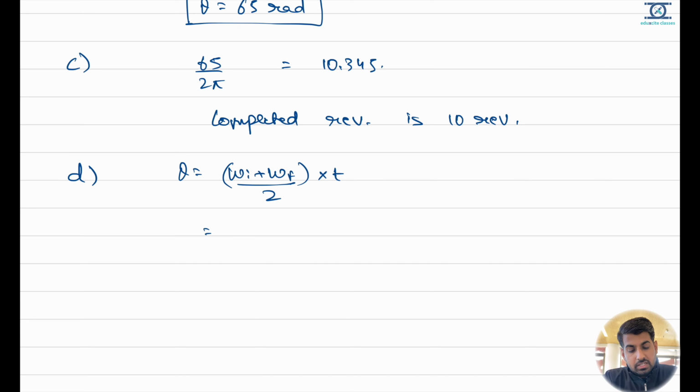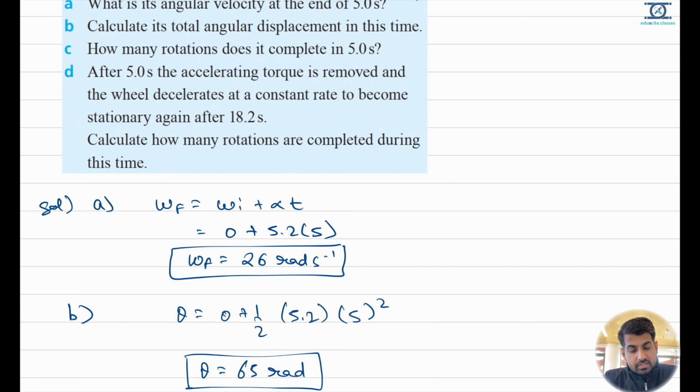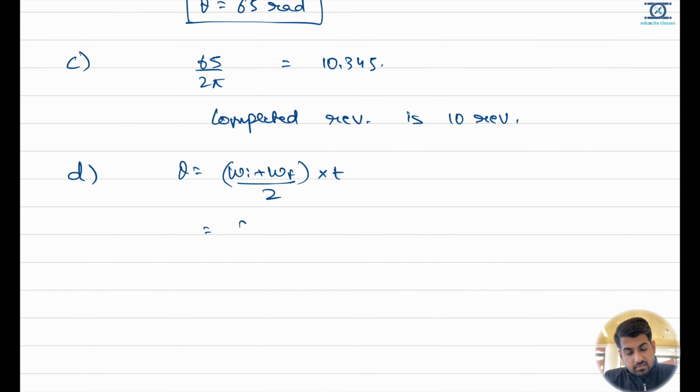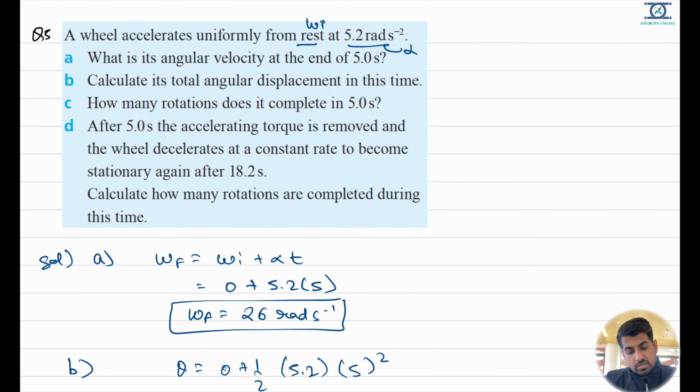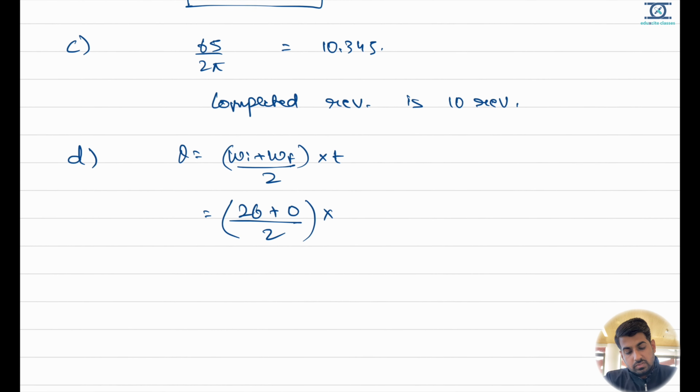So omega initial is 26, because from here it is decelerating and finally it is becoming stationary. So this will be 0 divided by 2 into time, which is already given in the question, 18.2 second.